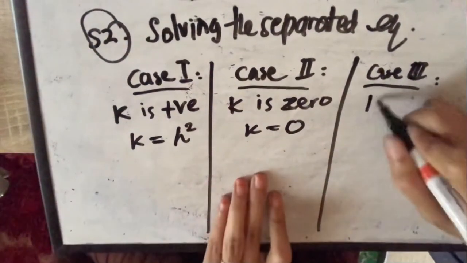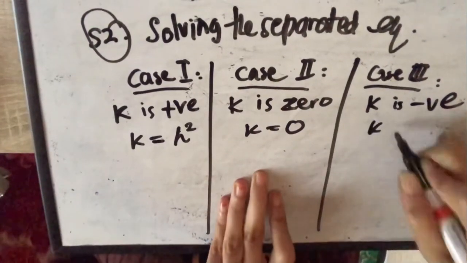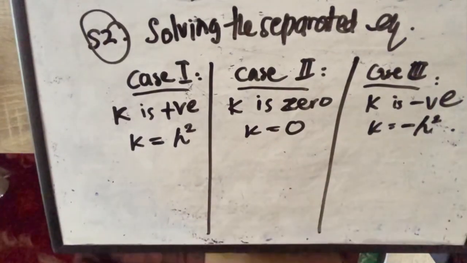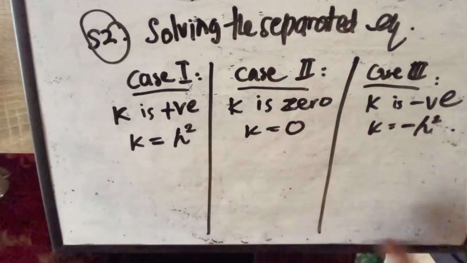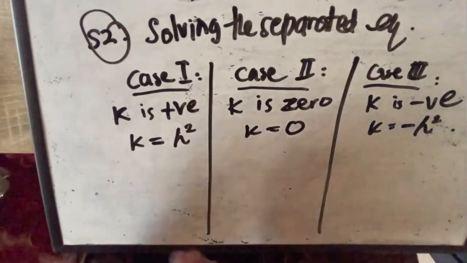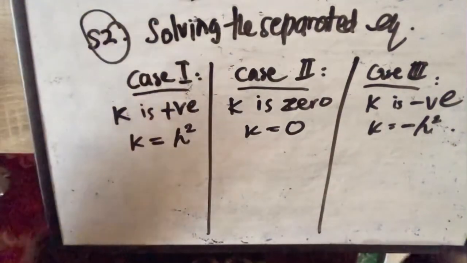And case number 3 is when your k is negative, so you can write k is negative lambda square. You need to cater all these 3 cases. So I will show you one by one: case 1, case 2, and then case 3.